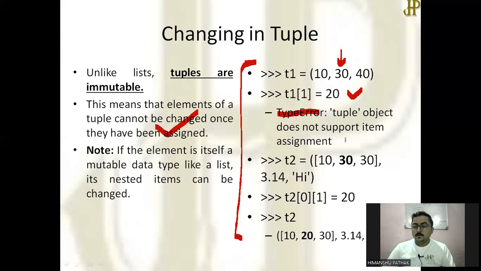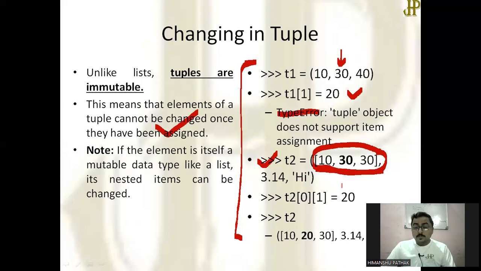But I told you there is an exception. What is it? Now, again, I am going to create a tuple. The first element is itself a list, and after that the second element and third element. Now, I want to change this 30 to 20. So how am I going to assign that? In T2, the 0th position is itself a list, and we know that a list is a mutable object.